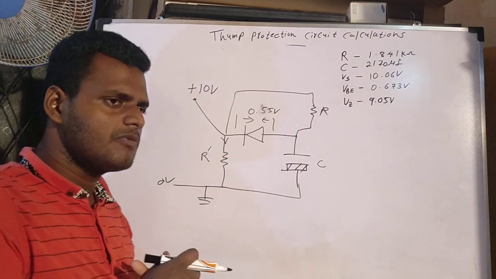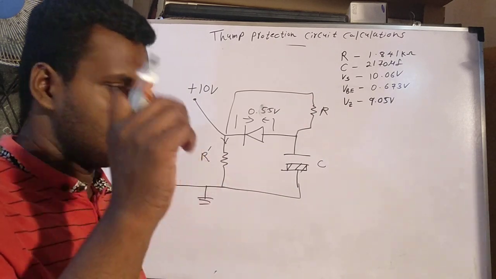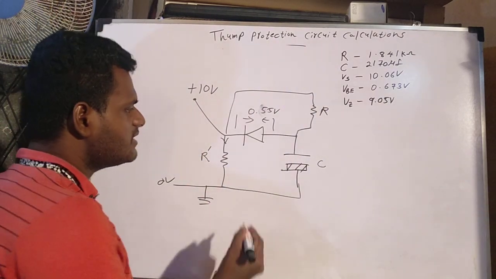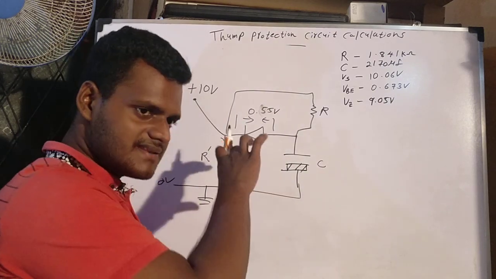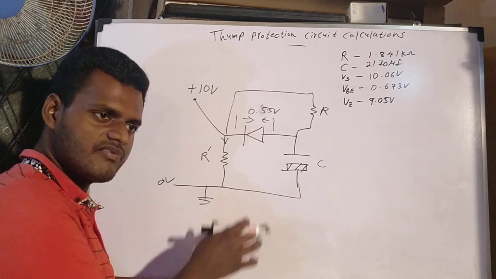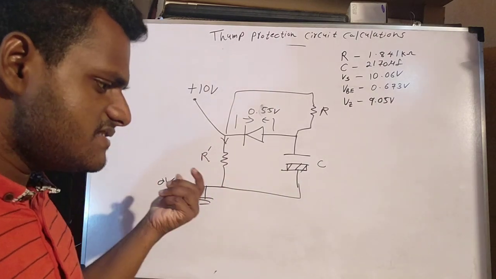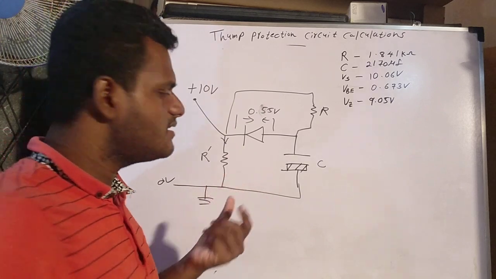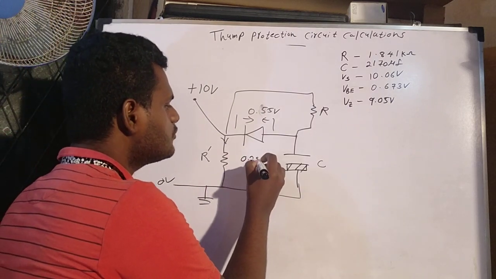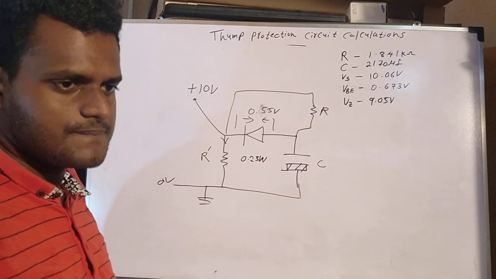My point is that I take the voltage of this circuit, then I can find the resistor value. Easily, normally we use 0.25 watt resistors in circuits.